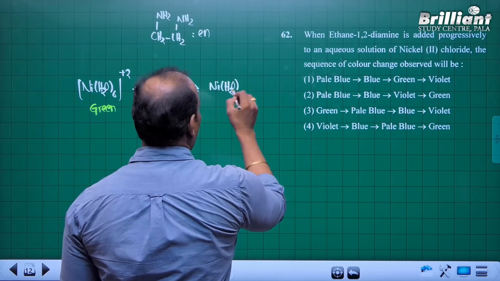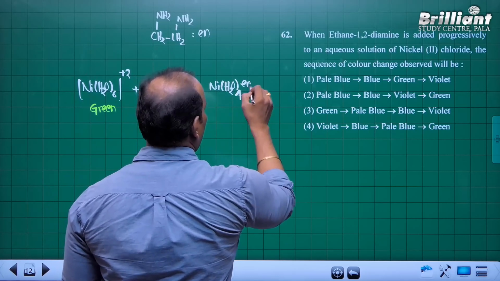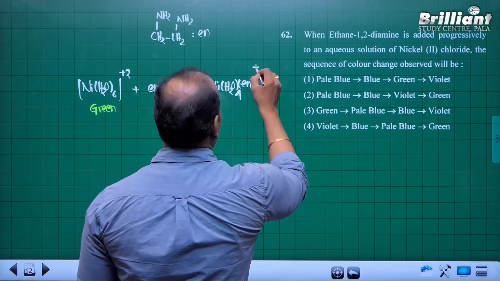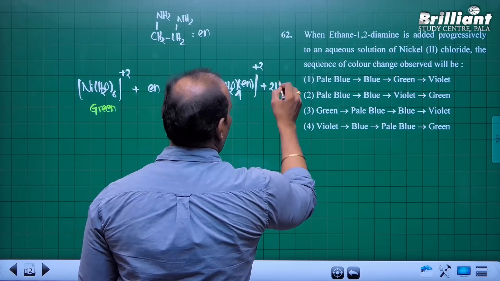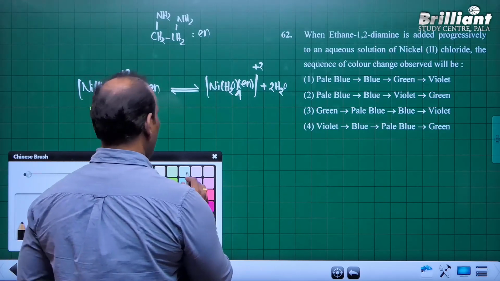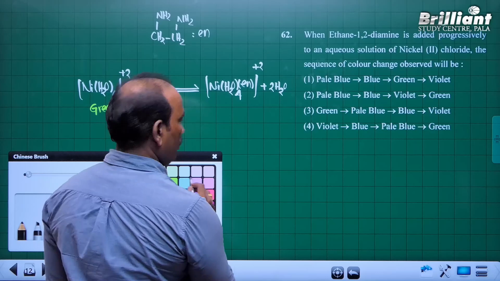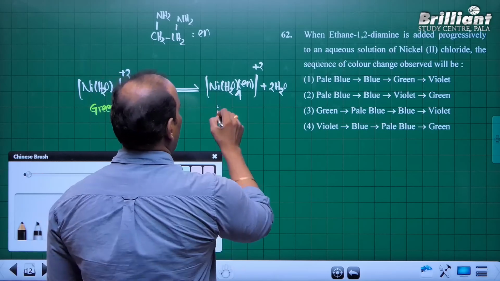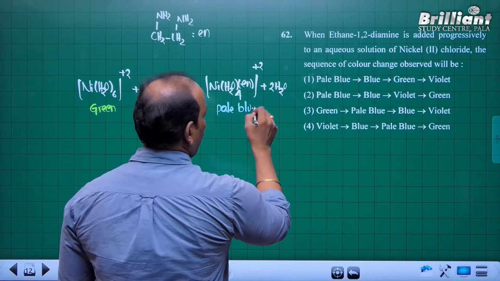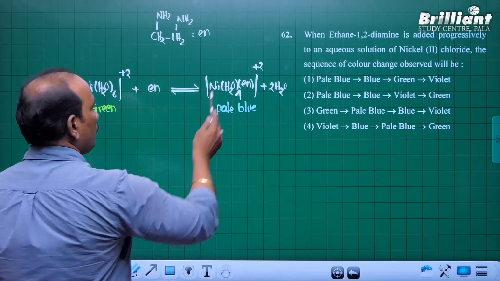Ni(H2O)4 EN 2+ plus 2H2O. EN is a bidentate ligand. This is pale blue.